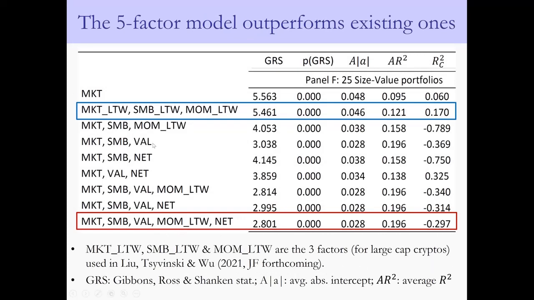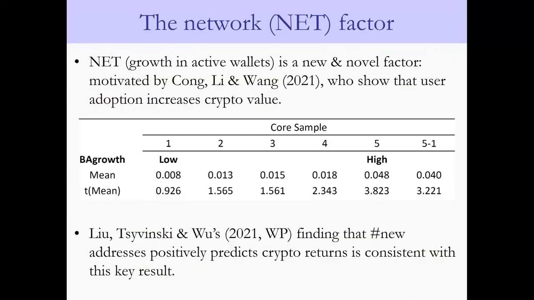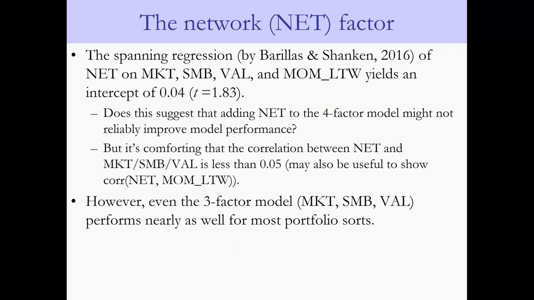You see that in the 4 sample, the 3-factor model works almost as well as the 5-factor model. So I wonder, I feel like this shows that the value factor is really important, but this would also maybe cause for more investigation into the network factor.